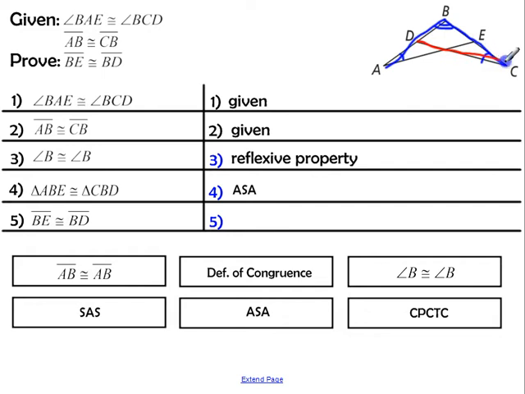So this side DC is going to be congruent to AE, and then the rest of the angles. So we can say that BE, this short segment right here, is congruent to DB, again using CPCTC. Now we'll get a lot more practice in using CPCTC with proofs in class, but that's it for this lesson.